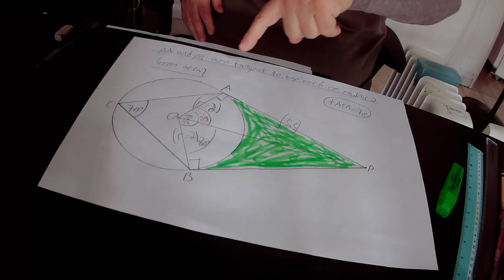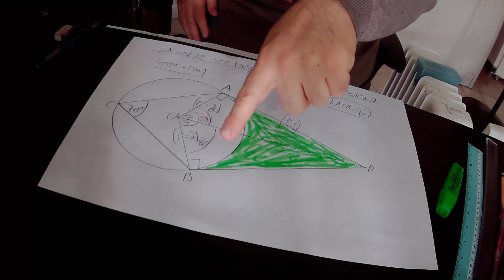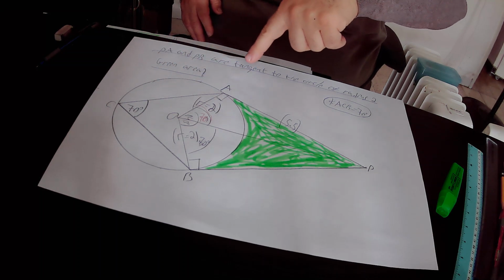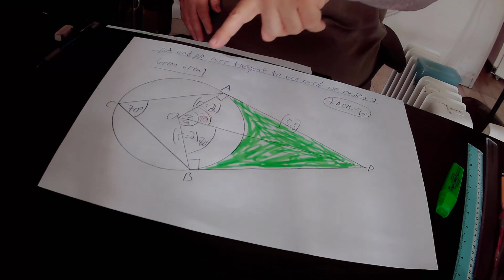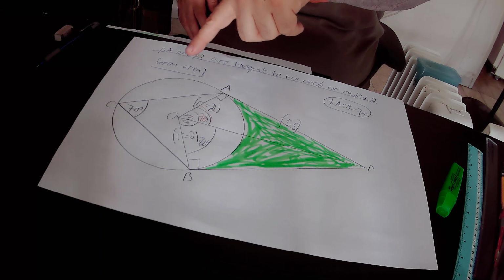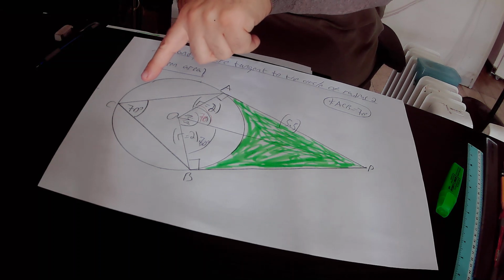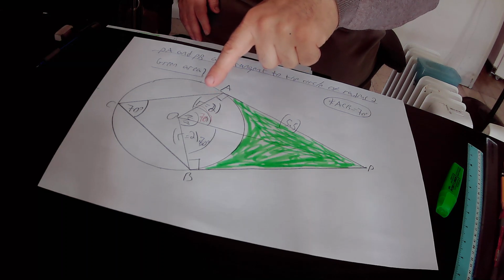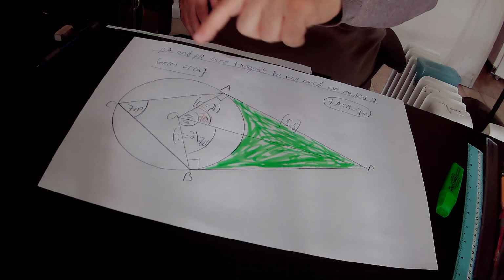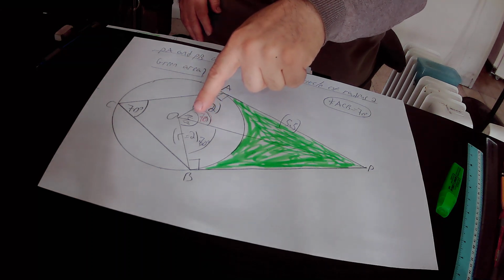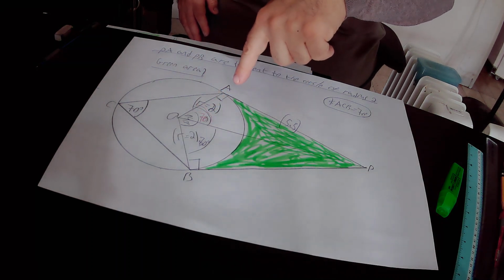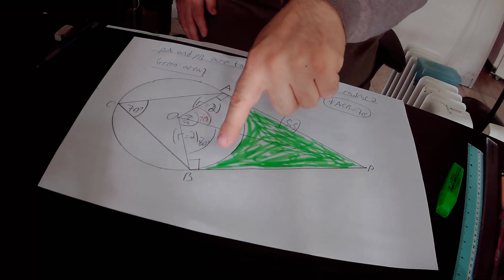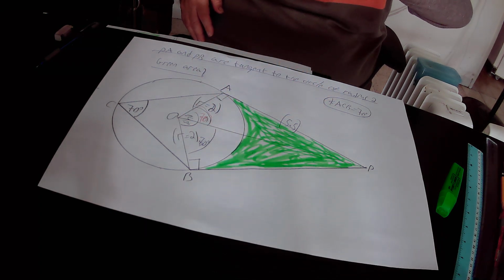Therefore, the size of this central angle AOB must be twice as large as the peripheral angle ACB. And because the peripheral angle ACB equals 70 degrees, the central angle AOB must be equal to 70 degrees times 2, that is 140 degrees. In conclusion, we found out that this central angle AOB equals 140 degrees in its size.